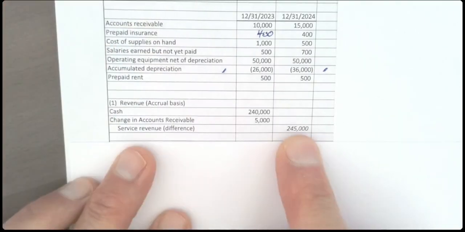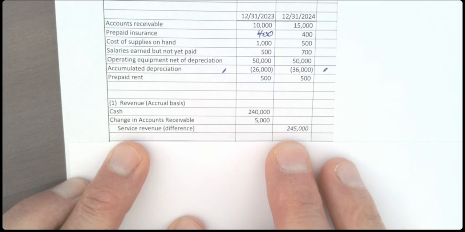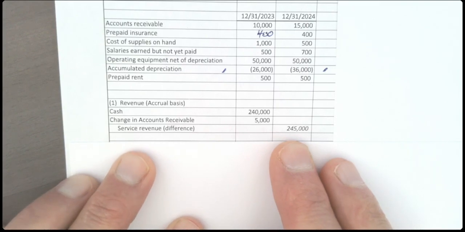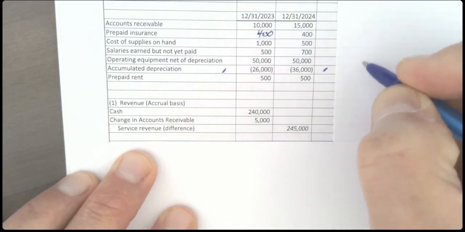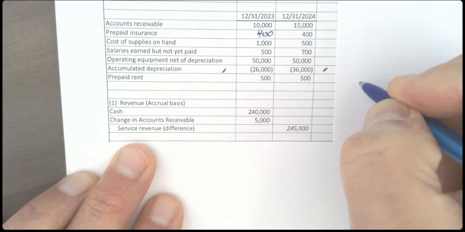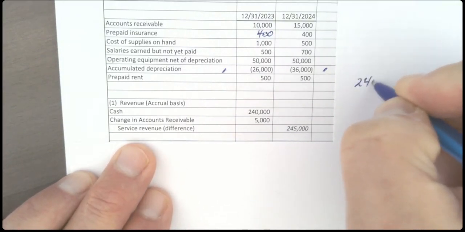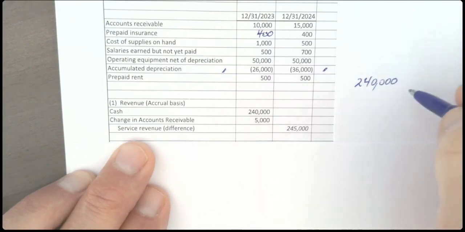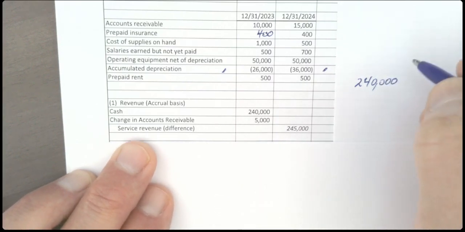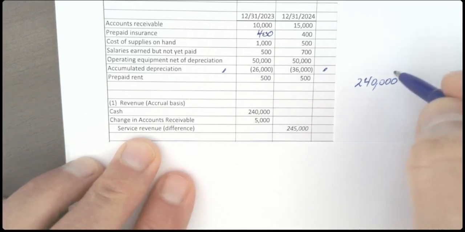Let me also provide some logic to this. The cash was $240,000, cash collected, but we want sales.